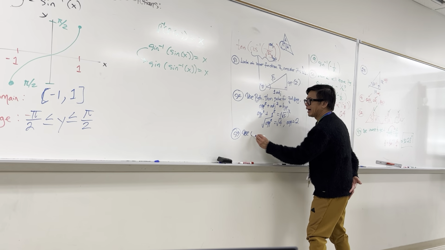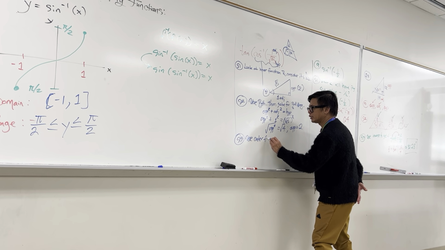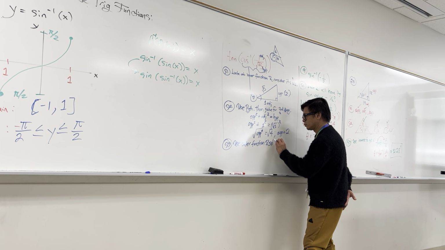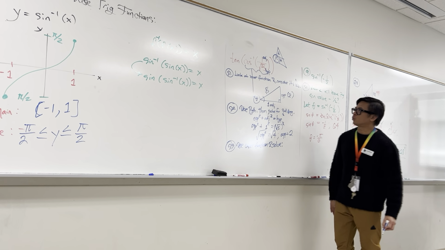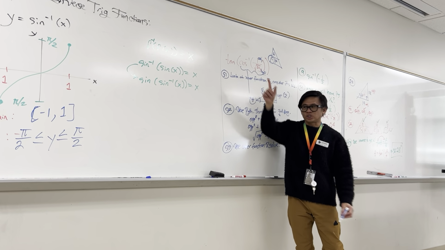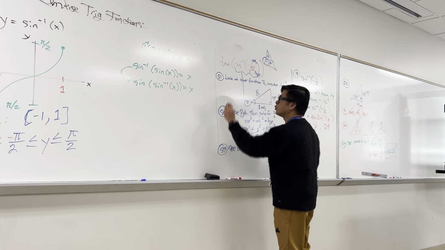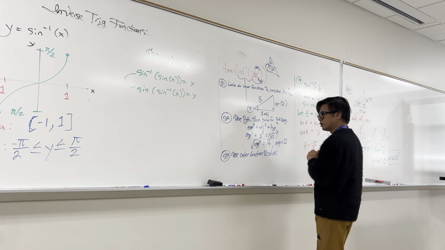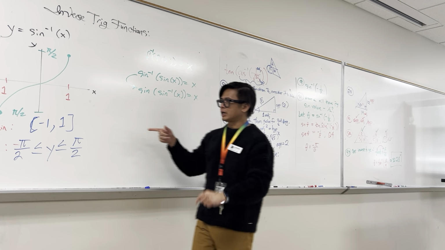Step number 3: use the outer function. What outer function are we looking for? Tangent. So when you say tangent, I'm going to use a black marker.